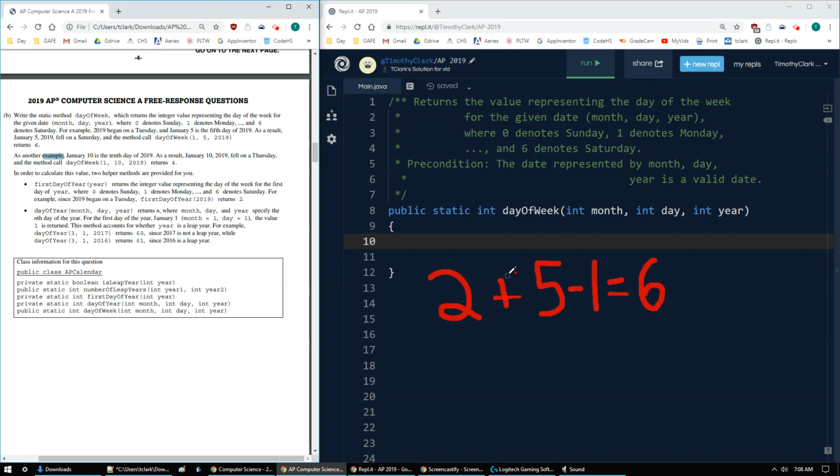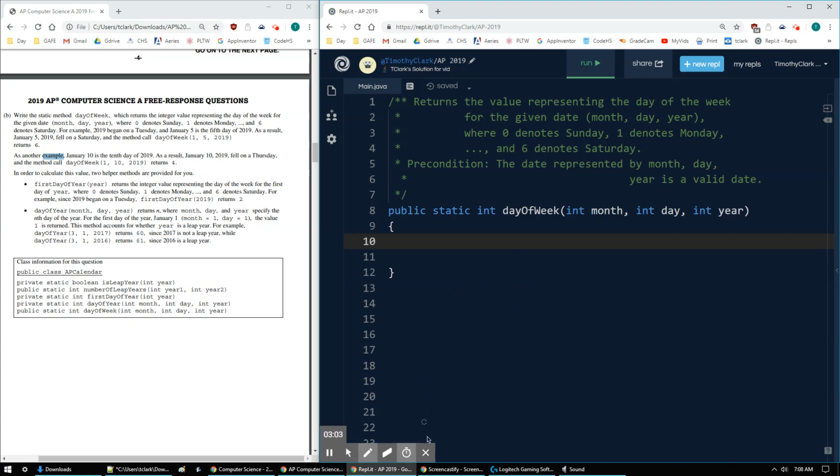Okay, let's do some quick math again. The other example, January 10th, is the 10th day of 2019. So 2019 again starts on a Tuesday, then we have the 10th day, and then minus 1, because I want to start at 0. 2 plus 10 is 12, minus 1 is 11.